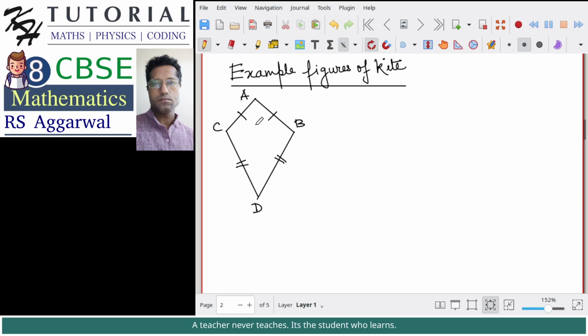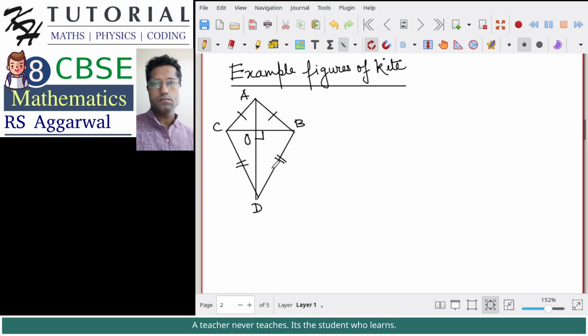And so if you connect the diagonals, my drawing is not coming properly, but they will intersect at right angles.